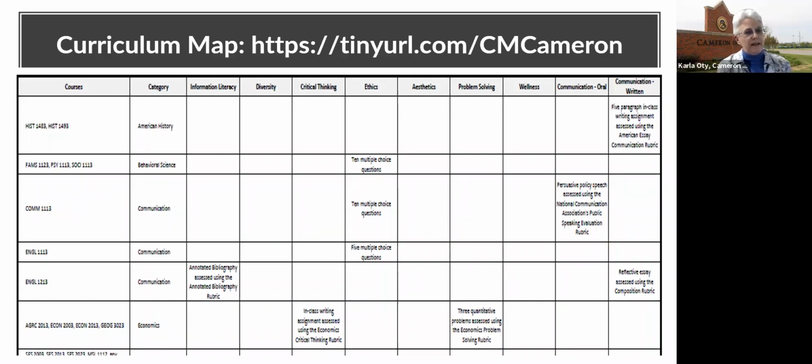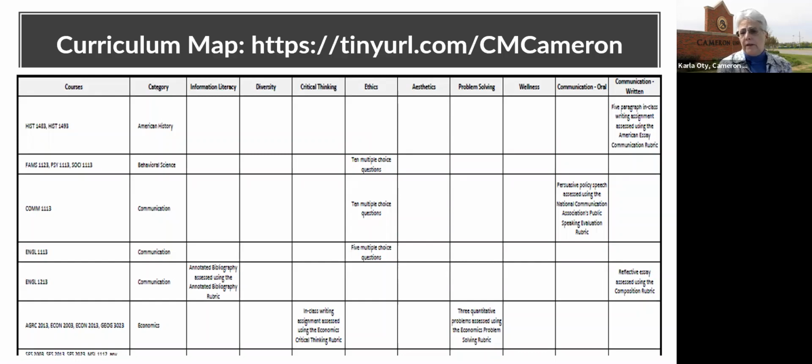But if you look at the next one, we have a category called behavioral sciences, and these are actually in 2 different departments: family science, psychology, and sociology. We did have them have these conversations, and they decided ethics was what they wanted to assess. They had 10 multiple choice questions. They give them a scenario, and then they ask them what is the ethical choice based on the scenario.